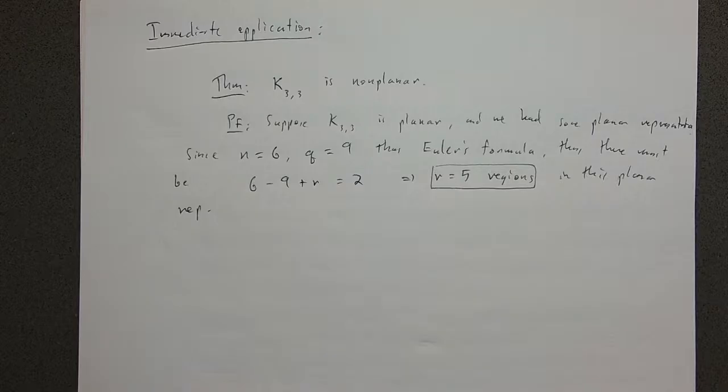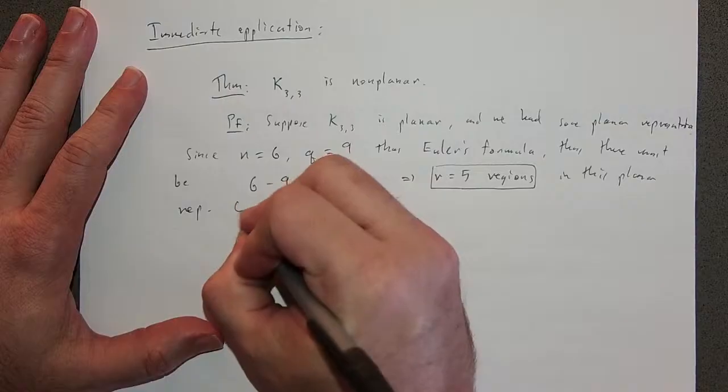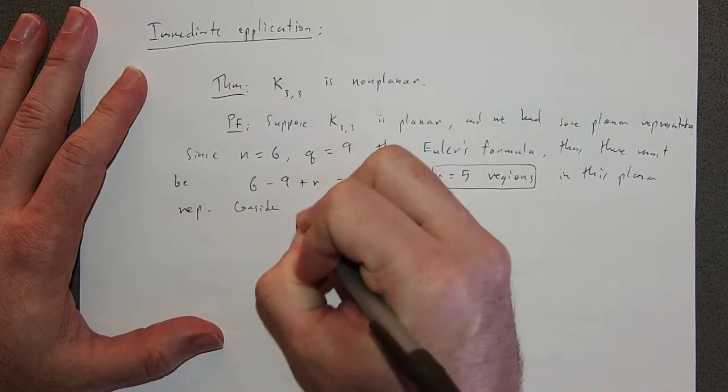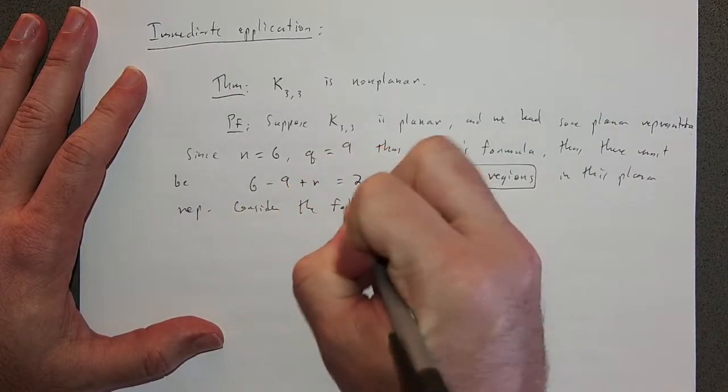Okay. Now you might say, well, what's the problem with that? We have 6 vertices, 9 edges, and 5 regions in our planar representation. That doesn't seem like a problem to me, at least not yet. So now consider the following sum.